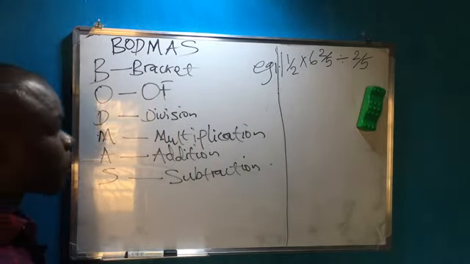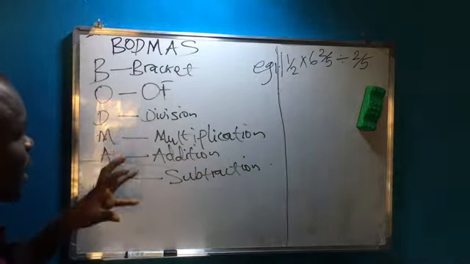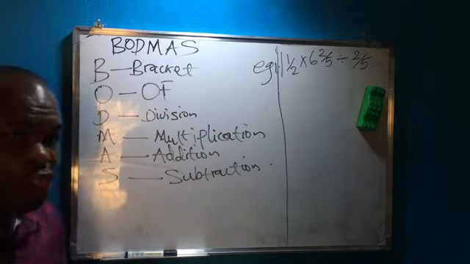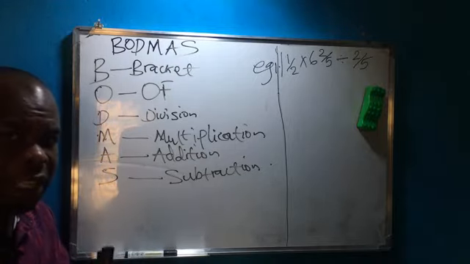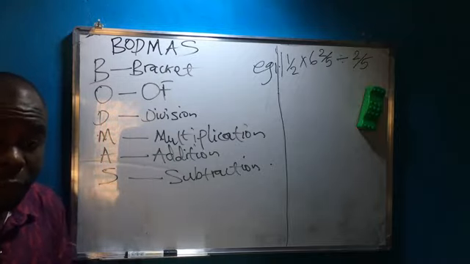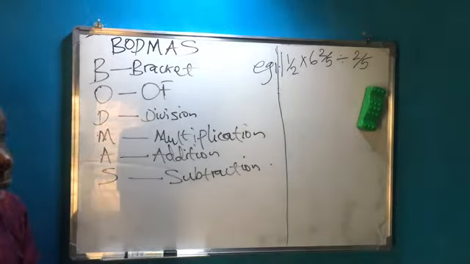Whether the of comes first, whether the of comes last, but as long as it is given together with multiplication, what you should do first is to consider that of first, irrespective of the position of that of in that problem. So that after solving for of, you can now go to times.